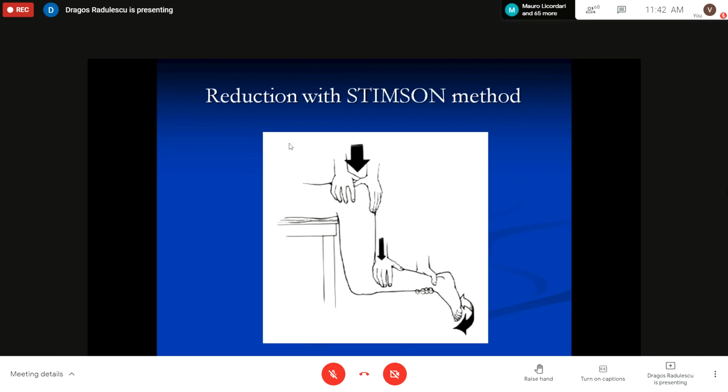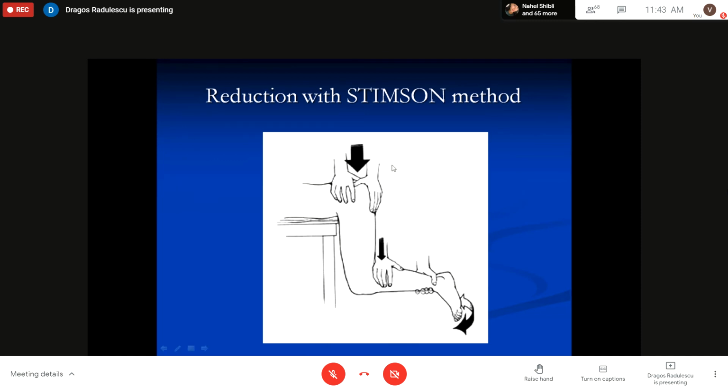The second way of doing this is with the patient lying on his front on the table, with the pubis at the edge of the table. You have again the helper trying to palpate the femoral head, while the examiner with one hand on the knee does the traction in the femur's direction, and with the other arm placed on the ankle of the patient does again external or internal rotation depending on which direction it needs to go, depending on which type of dislocation he has.